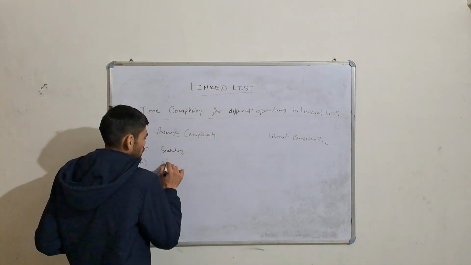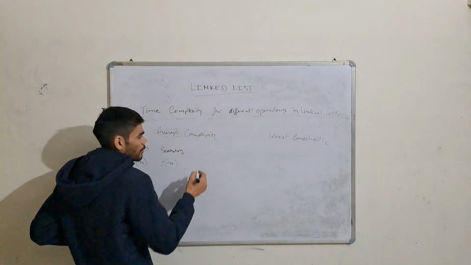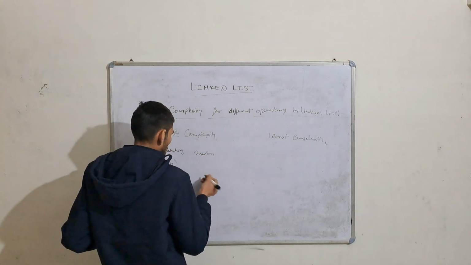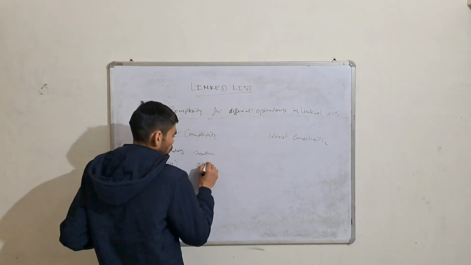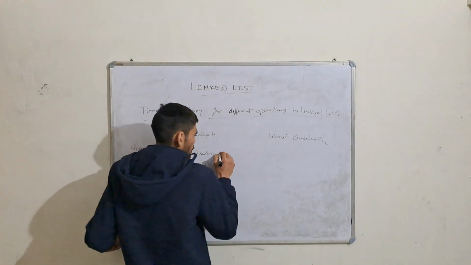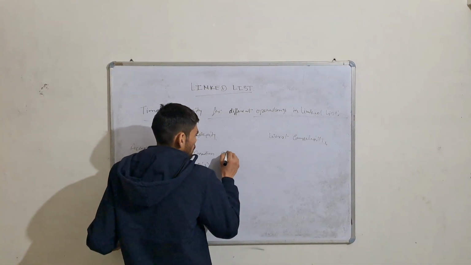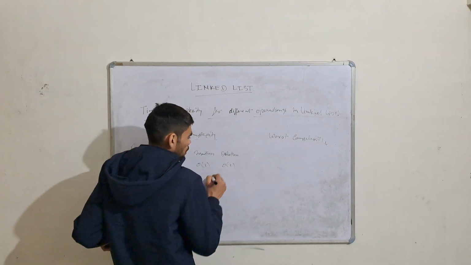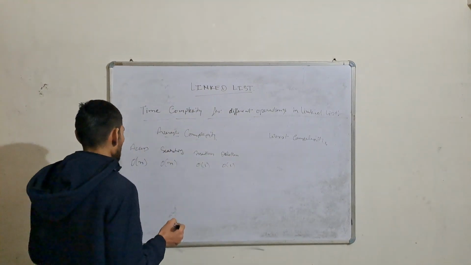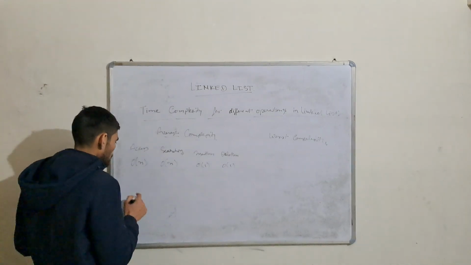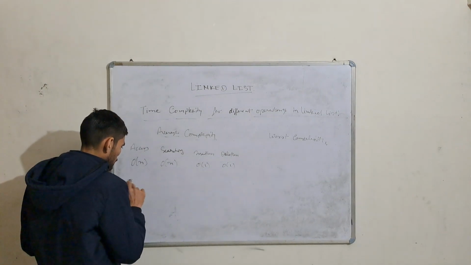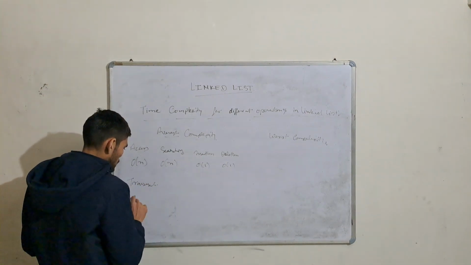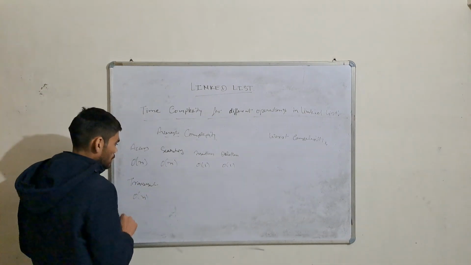For insertion it is big O of 1, and for deletion it's big O of 1, and for traversal it's big O of n.